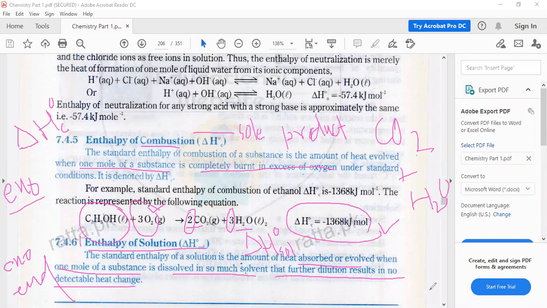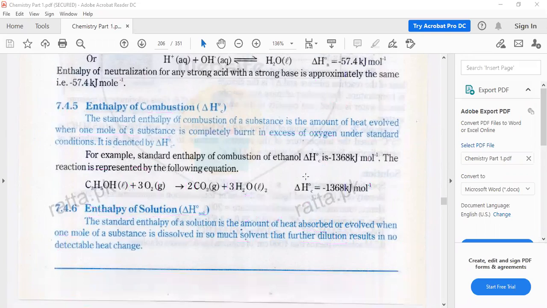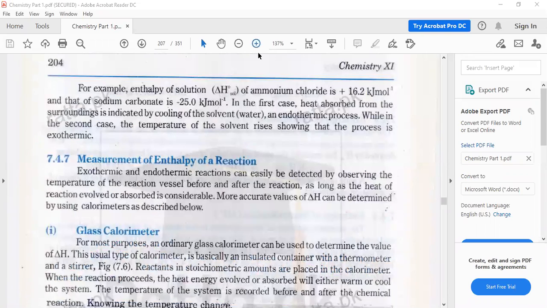Next are the examples of enthalpy of solution. As I told you, when you are making the solution of ammonium chloride, that is an endothermic reaction, which means when you are dissolving ammonium chloride in a solvent, you observe that the system is cool.